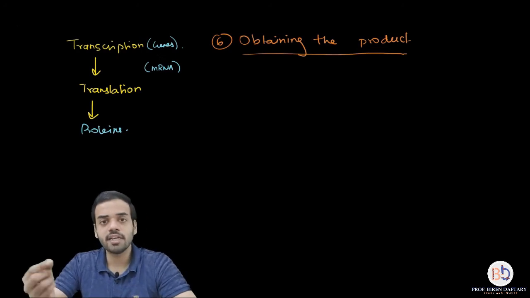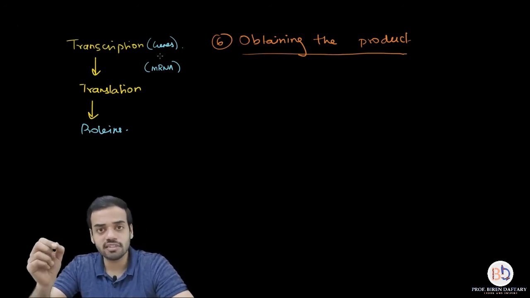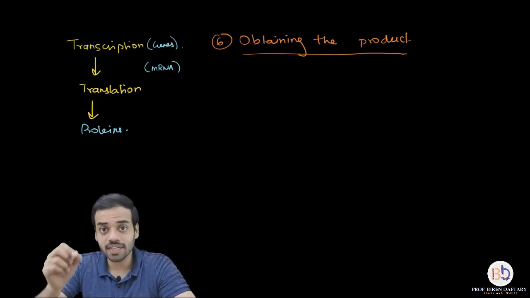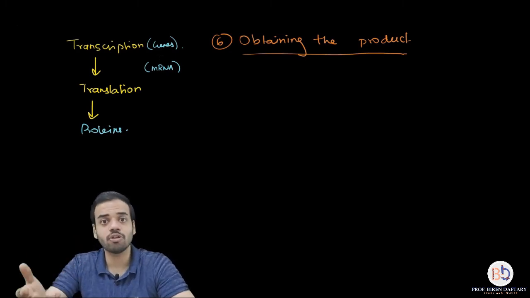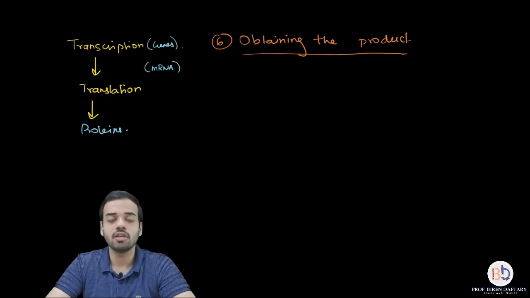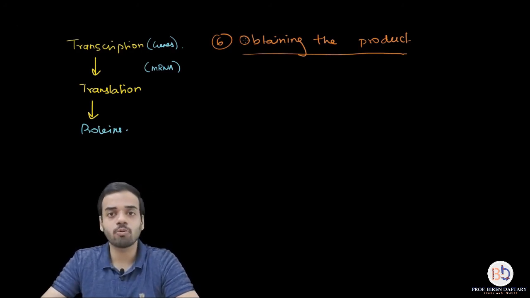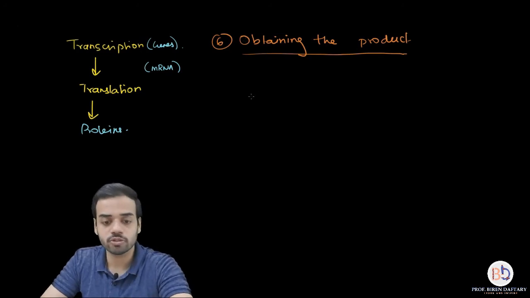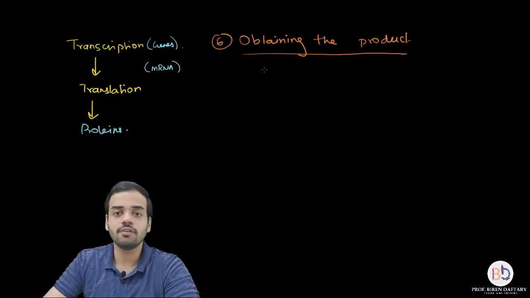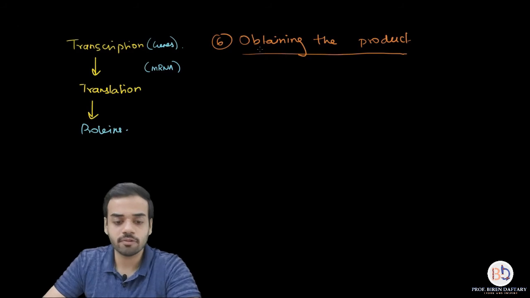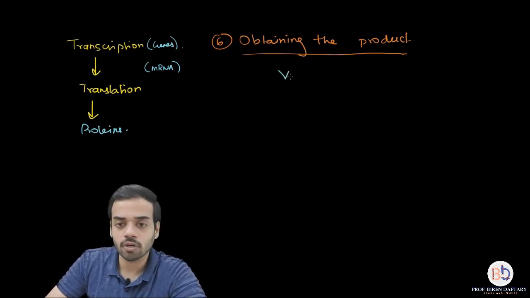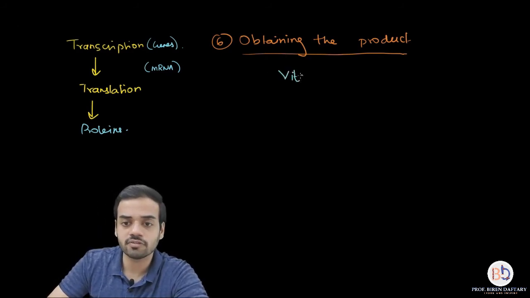So depending on what your required gene was, which you had added into the cloning vector, E. coli will form the protein. For example, I will write down the names of different types of products or proteins which can be formed by the host. If you use one type of gene, maybe you will get vitamins.